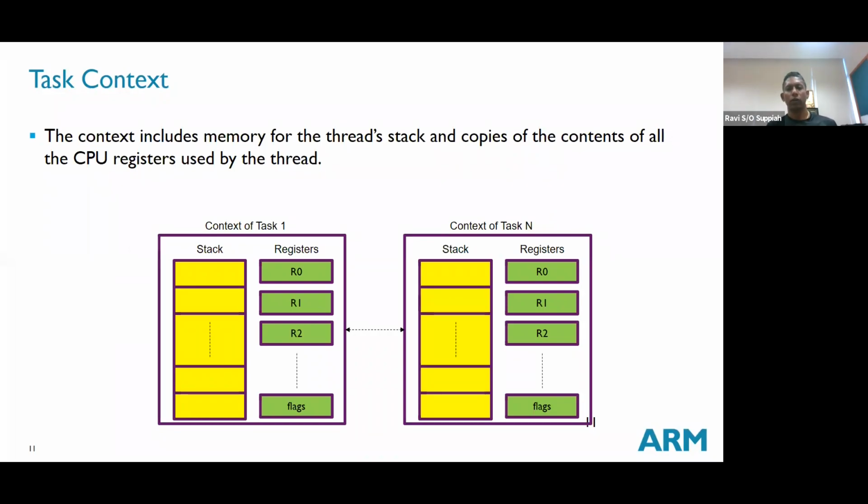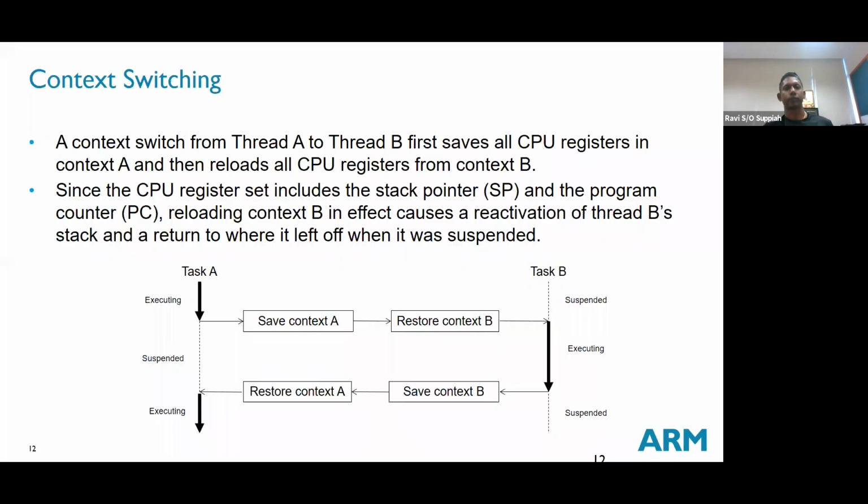Whenever you have a context switch between one task and another, you need to save the current state onto the context and then switch to the next task. When you switch back, that last saved context will be reloaded for it to carry on. That is how it knows exactly where it left off and where to carry on from. That is context switching.